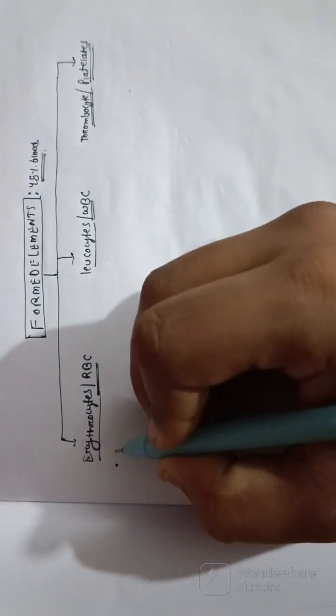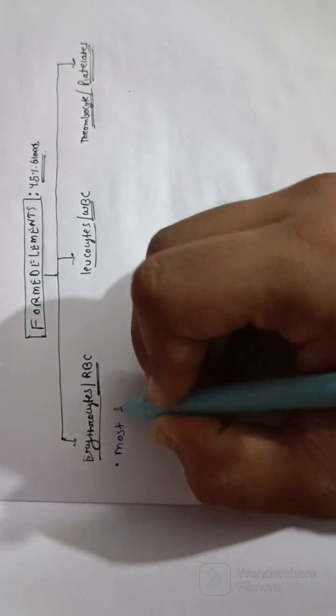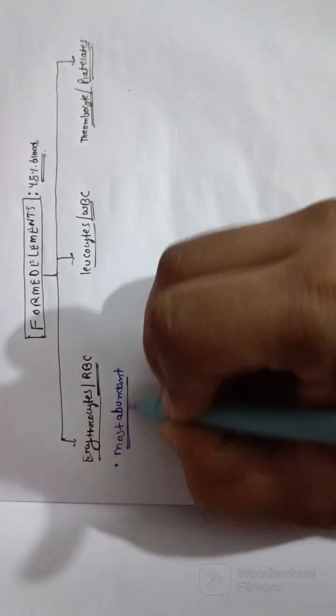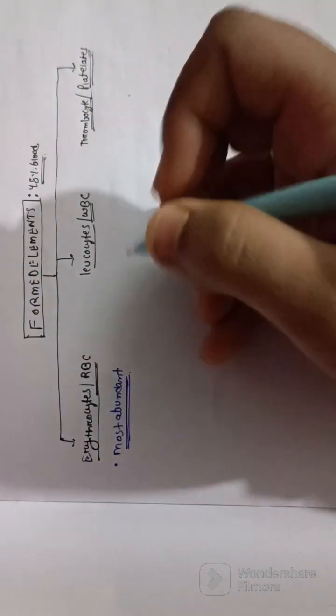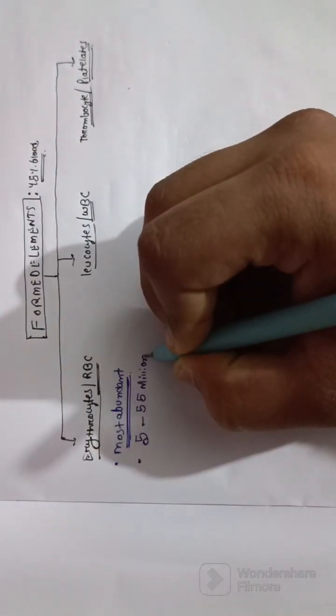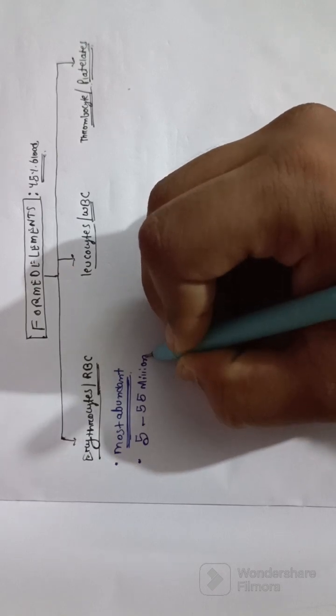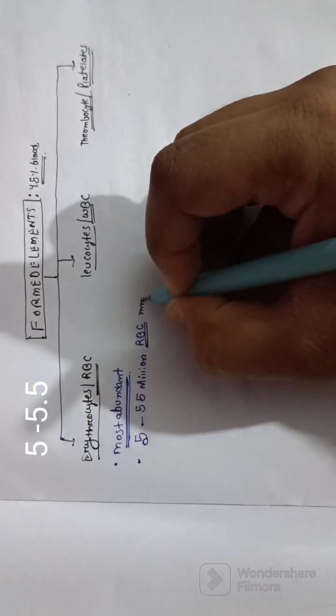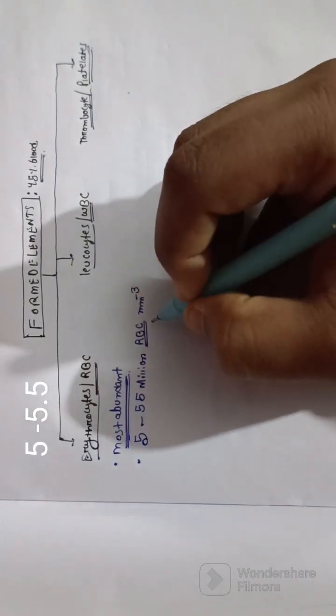Erythrocytes are the most abundant of all. In a healthy adult, nearly 5 to 5.5 million RBCs are present per cubic millimeter of blood.